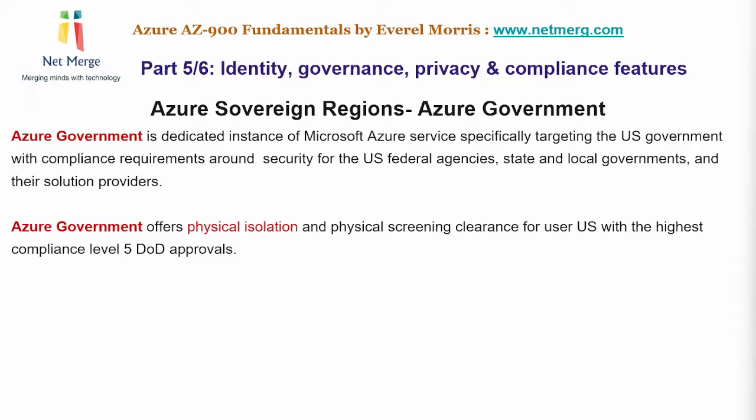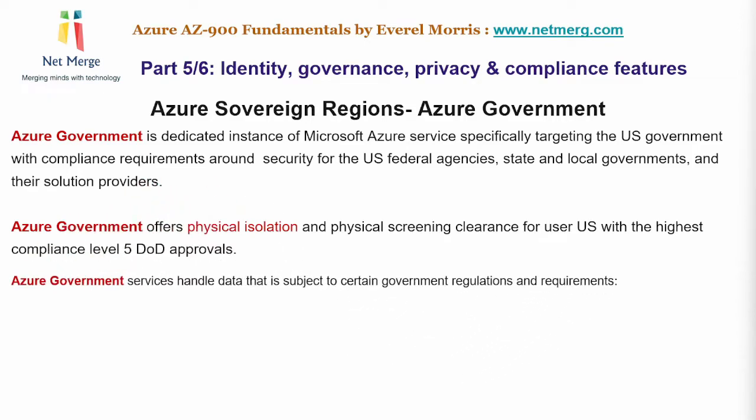So you're not sharing the cloud with other tenants. You're the only tenant. So the US government uses that at compliance level 5. It's the highest level. You have to get DoD approval to work with them. You might have heard someone saying they have to get clearance to work with the U.S. government as a contractor. That's the type of screening. They would do their own screening. So that's an example.